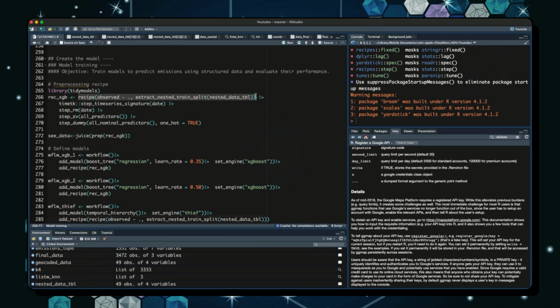But this recipe wouldn't be complete if we didn't add some more temporal trend in it. So we are going to add some step time series signature. I'm going to show you what this particular step does in just a minute. But first, our recipe also contains a step remove.